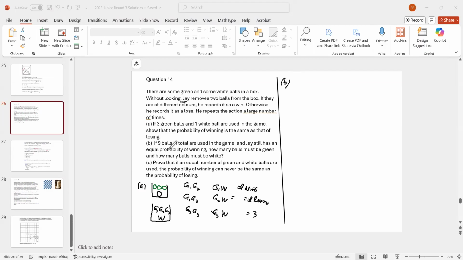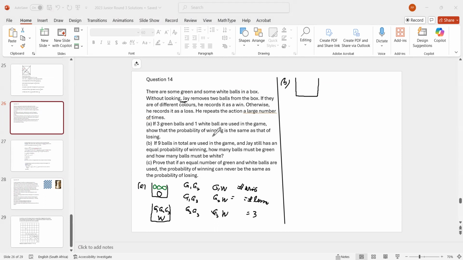The B part. Now it says 9 balls are used in this game, and J still has the equal probability of winning. So how many balls must be green and how many balls must be white? Okay, so what you have here is, again, you got your box here, and you got 9 altogether.